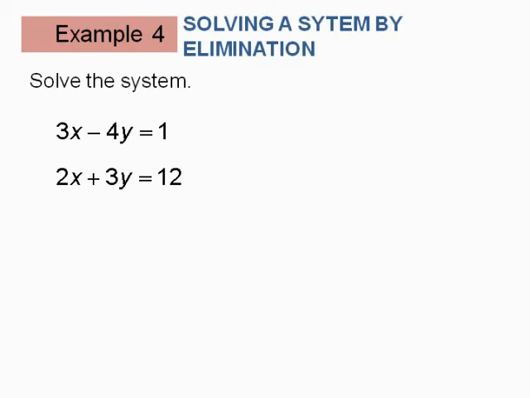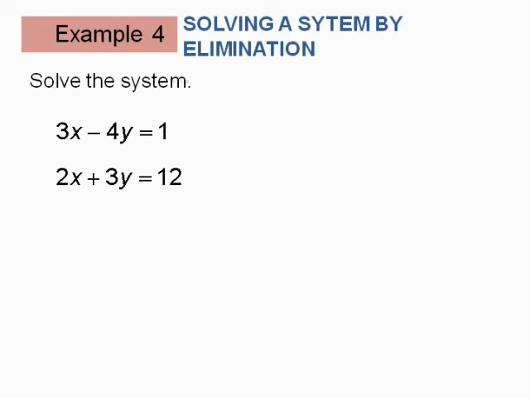So do y'all want to be x haters or y haters? If you're an x hater, I would multiply the first equation by 2 and the second by -3. Or you could put -2 and 3. Or if you're a y hater, look at those numbers there. You can multiply by 3 the top and by 4 the bottom, because you'll have opposite signs to take out the y's. Now, which do y'all want to take out, the x's or y's?